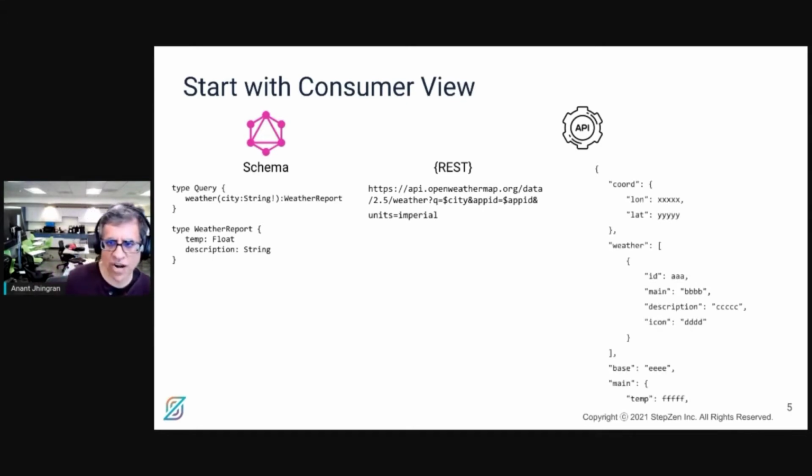When that REST call happens, OpenWeatherMap returns data that looks like this, and then that data has to be mapped back into how the front end really wants to see it. So in the world of starting from the consumer, the consumer perspective is the king, and the backend is being mapped into the consumer perspective.